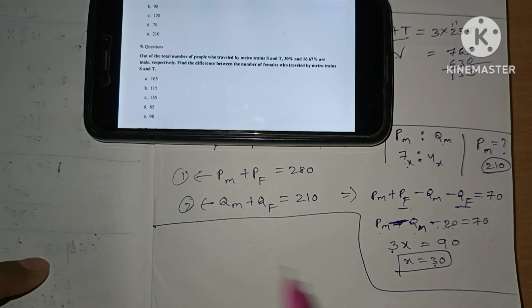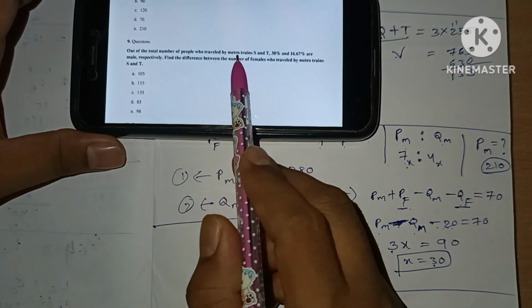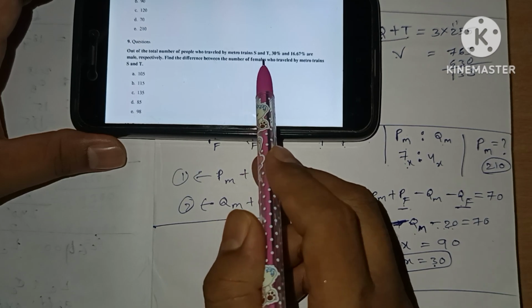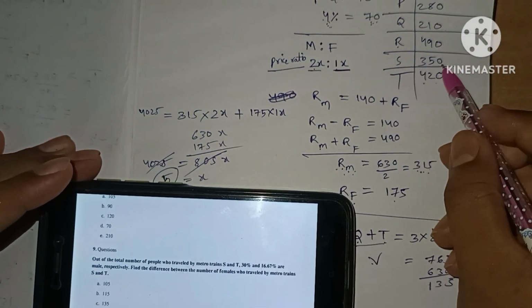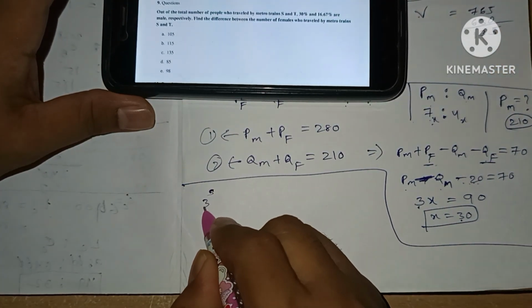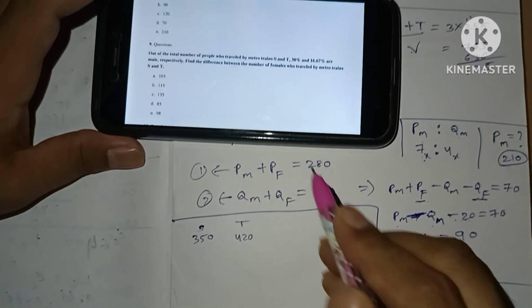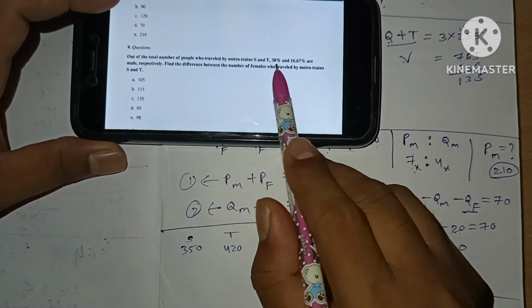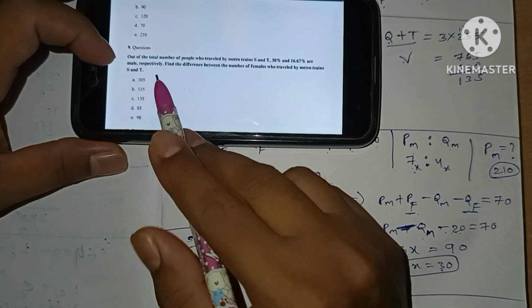Okay, next question is out of the total number of people who traveled by metro train S and T. According to our question, S has 350 and T has 420. The question says that 30% and 16.67% are males respectively.